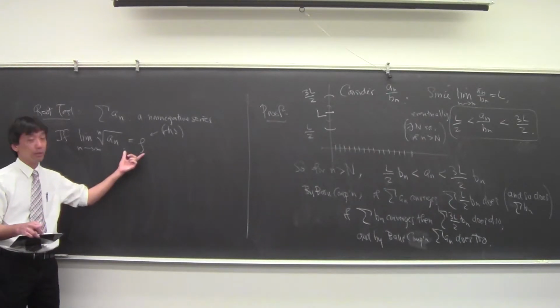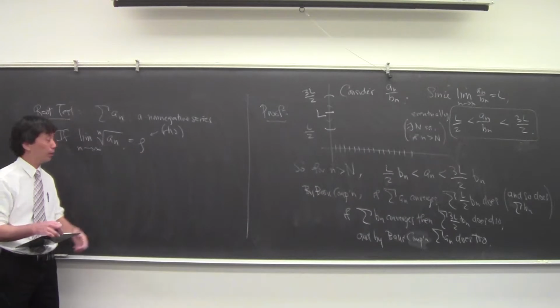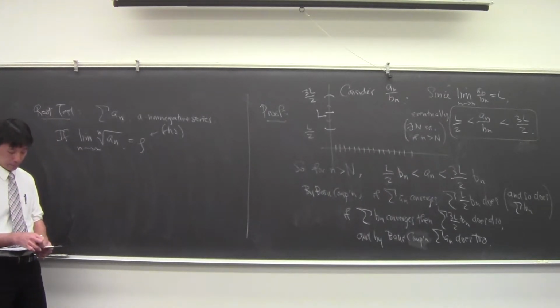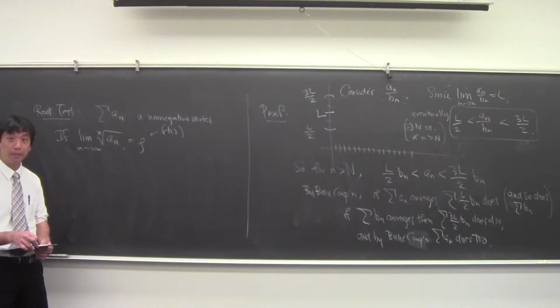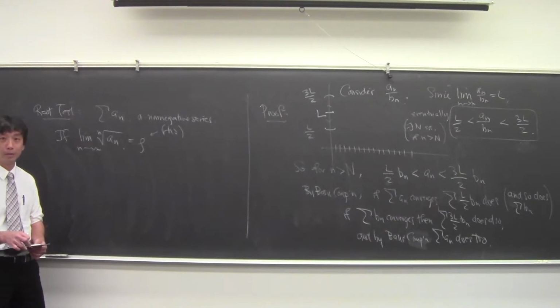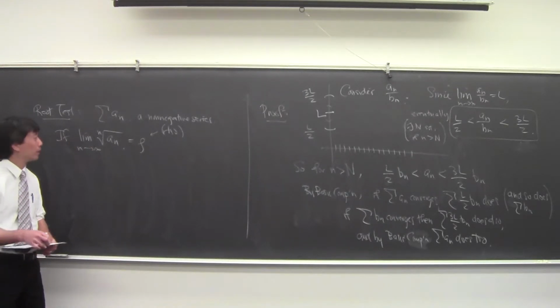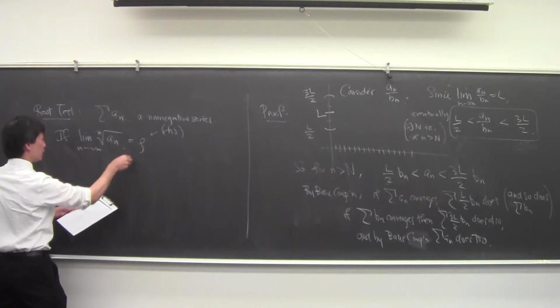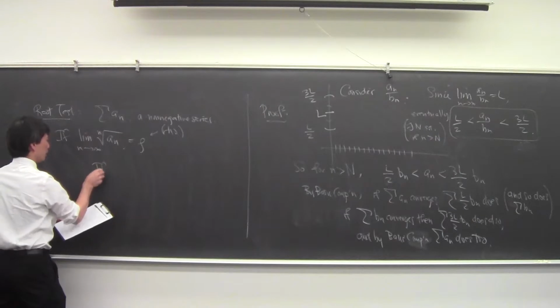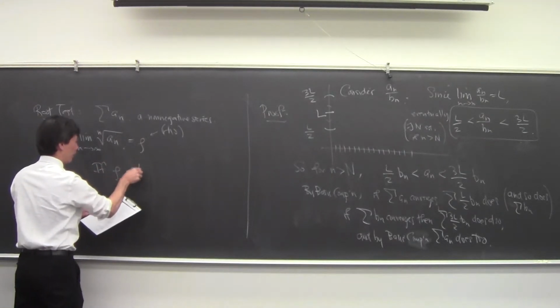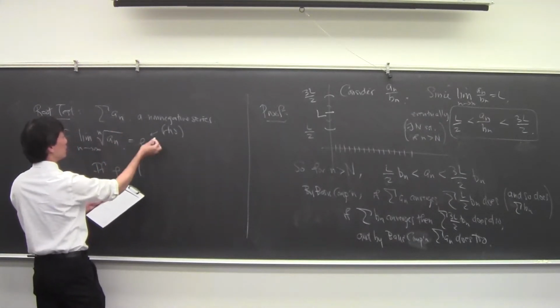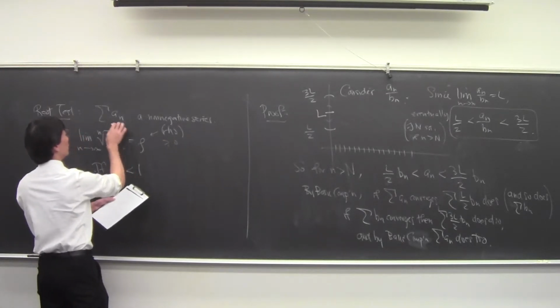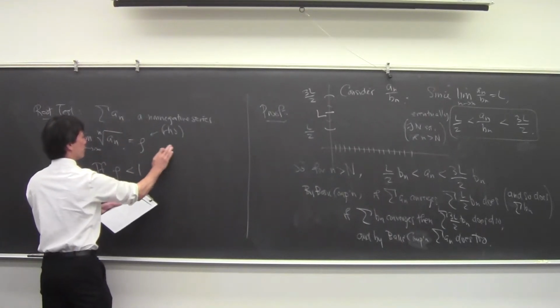If the limit of this thing equals some number rho, let me just write it out. If rho is less than 1, it's going to be some non-negative number, because these terms are all non-negative, of course.